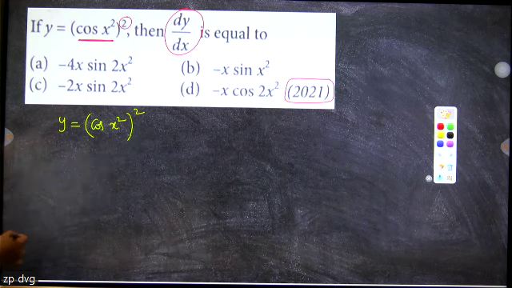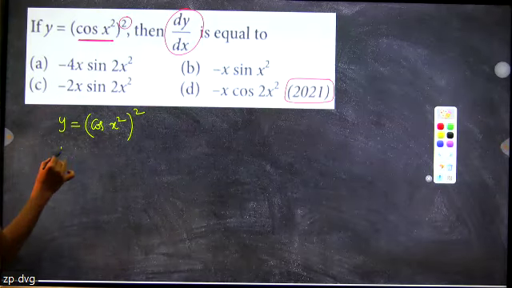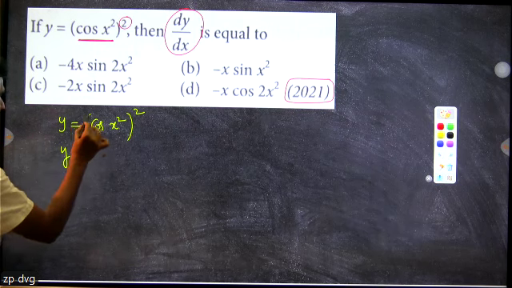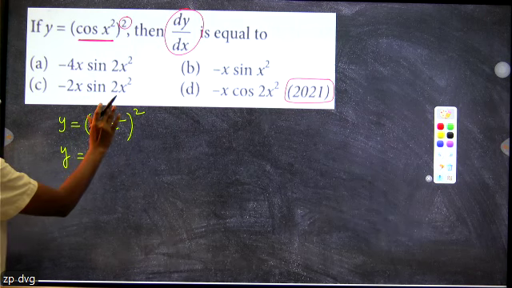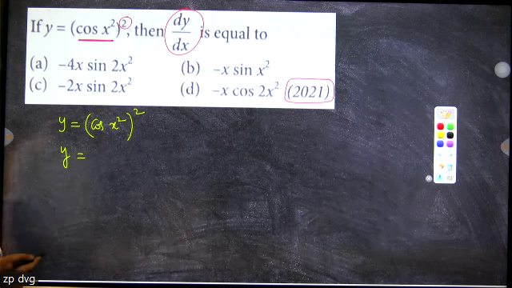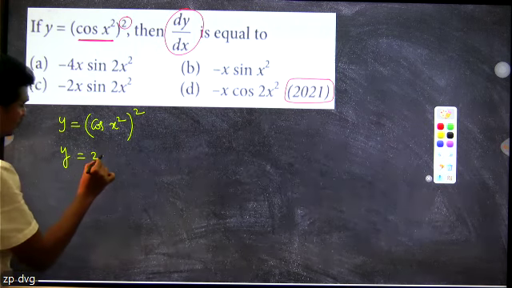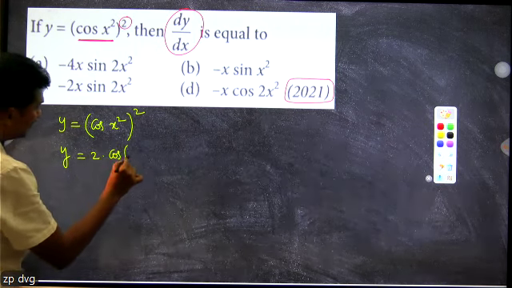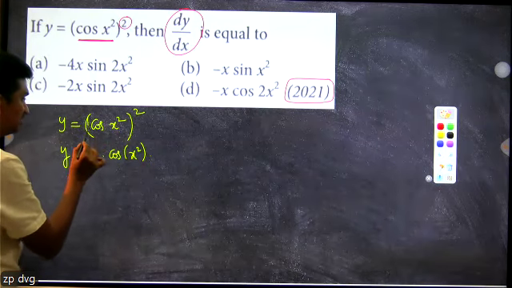To differentiate this, we use chain rule differentiation. Here, I'll imagine this part as x. Then it looks like x square. Derivative of x square is 2x. So here, this is 2 into cos of x square, into which one you imagined as x, you need to differentiate.